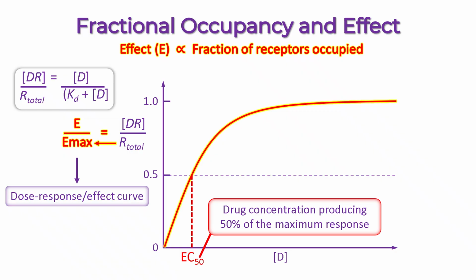In this simple case, where effect is directly proportional to occupancy, EC50 closely reflects the affinity of the drug for the receptor and is closely related to KD. This is how a molecular binding model becomes a quantitative description of drug effect.